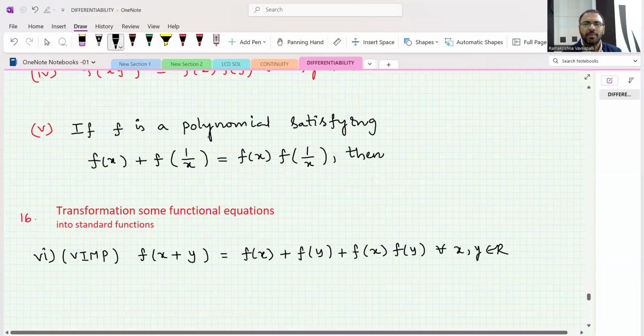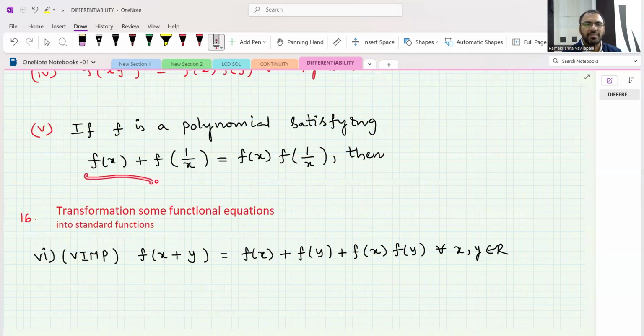And if f is a polynomial satisfying f of x plus f of 1 by x equal to f of x into f of 1 by x, remember this is important, then the function is 1 plus or minus x to the power of n. I'm just revising these standard functions.